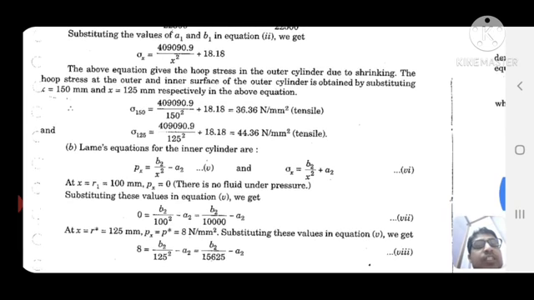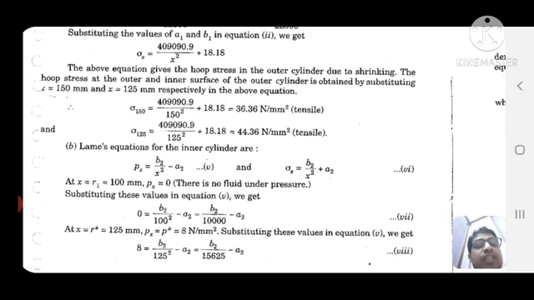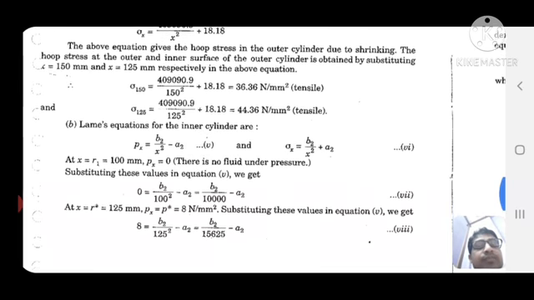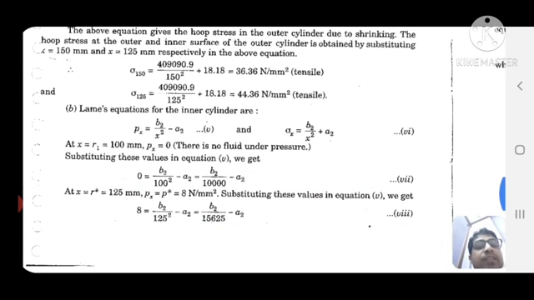Substituting the values of A1 and B1 in the equation, we get sigma x equal to 409090.9 divided by x square plus 18.18. The above equation gives the hoop stress in the outer cylinder due to shrinking.